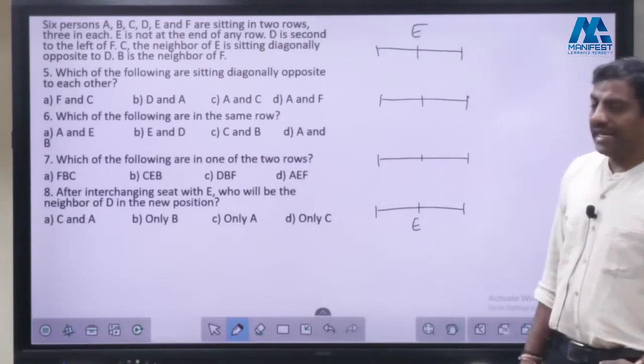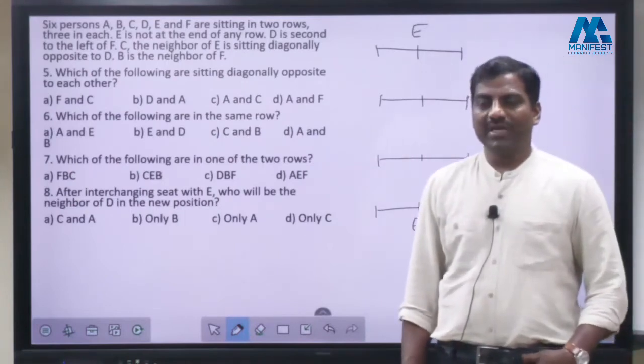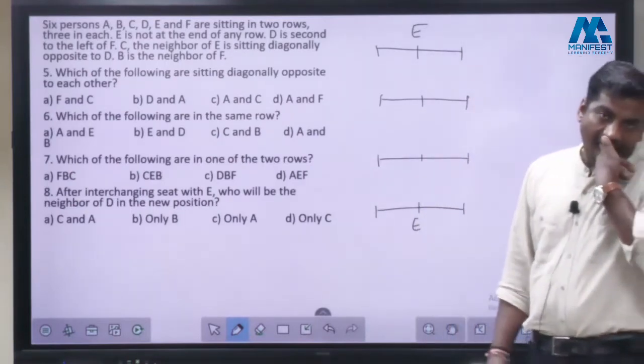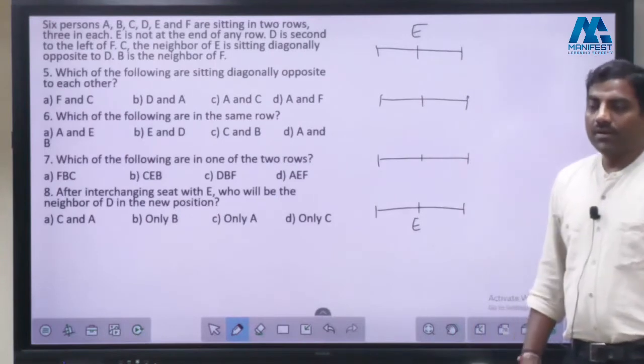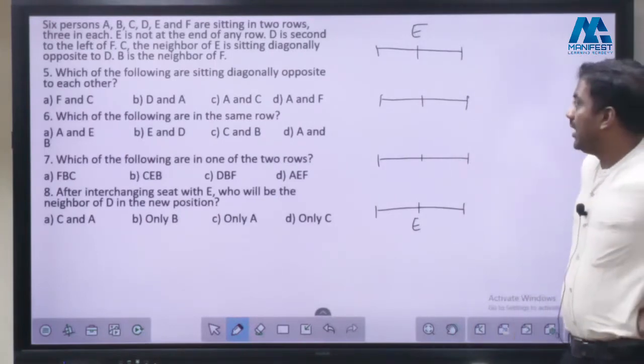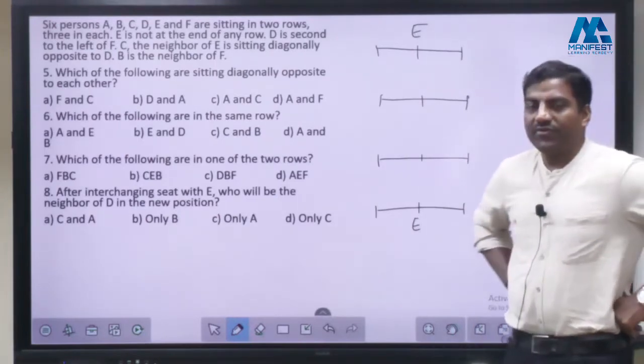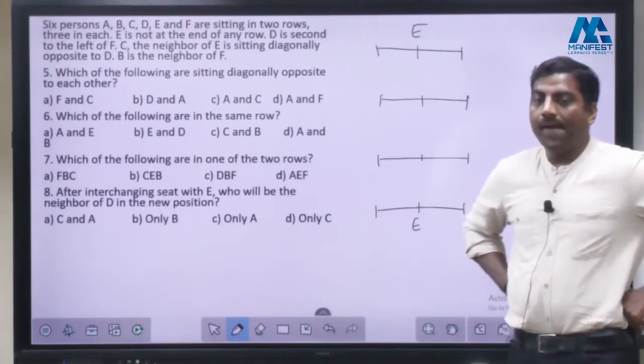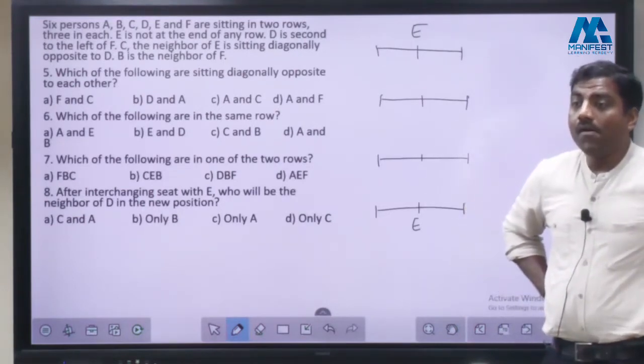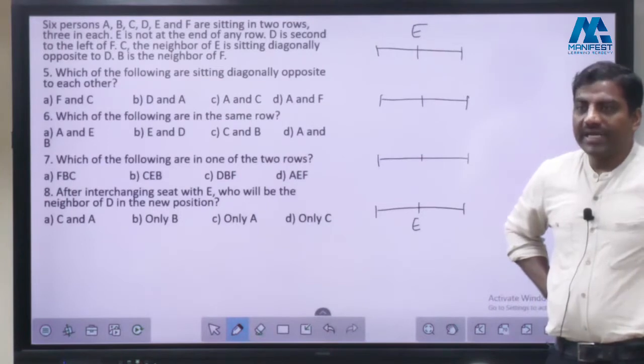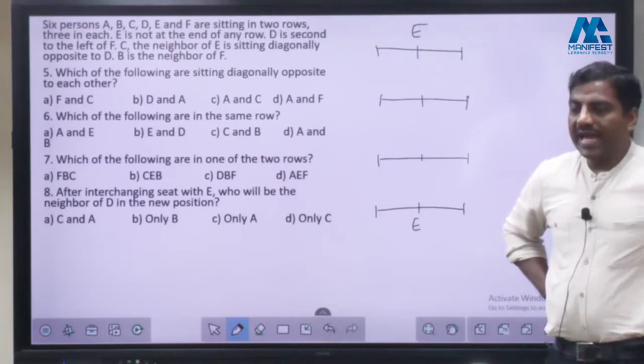What does that mean? They are enjoying extreme positions. So there has to be 1 person between D and F.